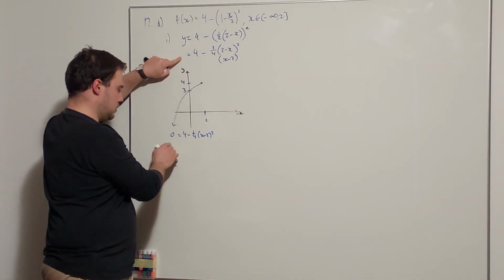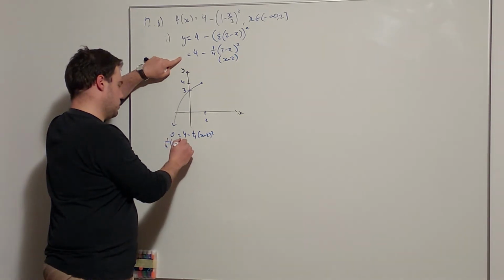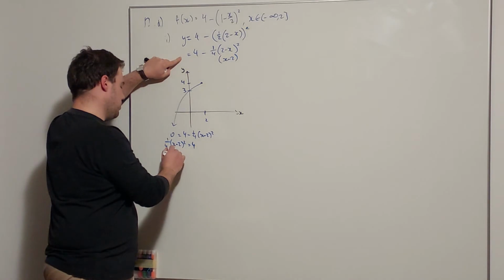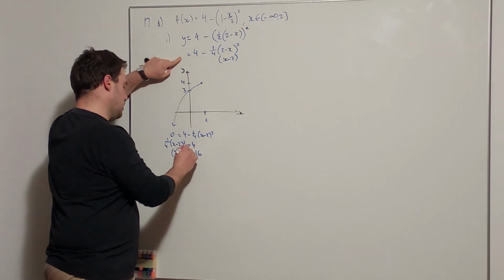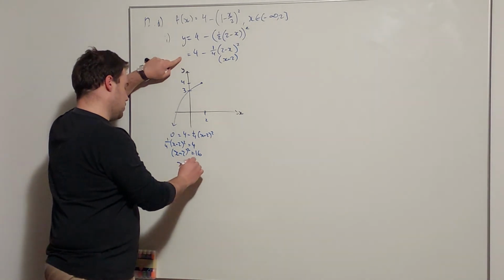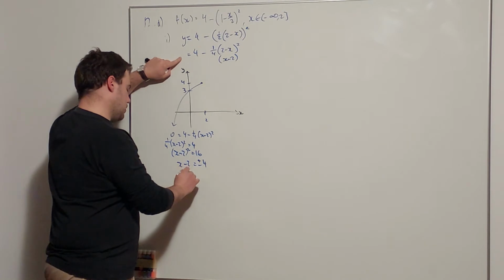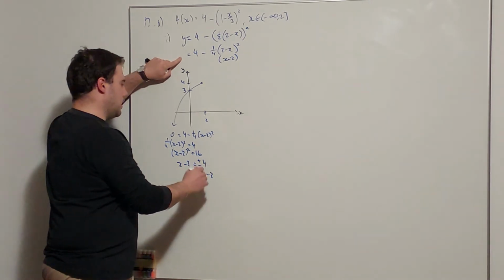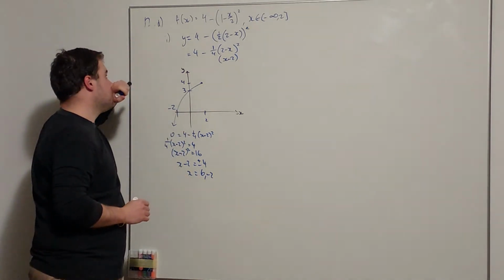A quarter x minus 2 all squared equals 4, times that 4 up. X minus 2 squared equals 16. X minus 2 is plus or minus square root, so x equals, adding 2, either 6 or negative 2, but obviously it's going to be that one over there.